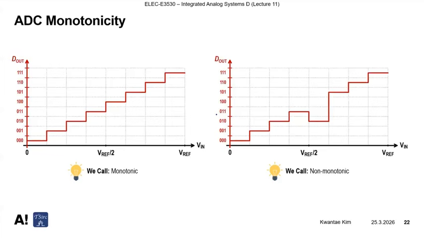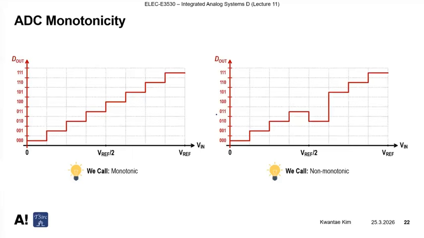Monotonic or non-monotonic means that if the input is higher than the previous input, for example, then we also expect the output to be higher than the previous output. That is the monotonic case. So in a monotonic system, the input-output transfer curve must always be increasing.